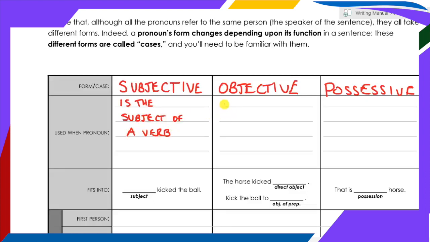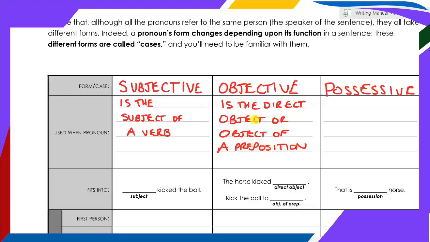The objective form is used when the pronoun is the direct object or object of a preposition.